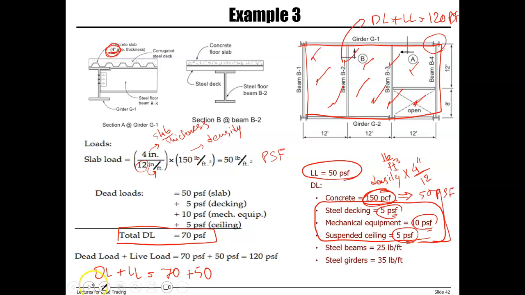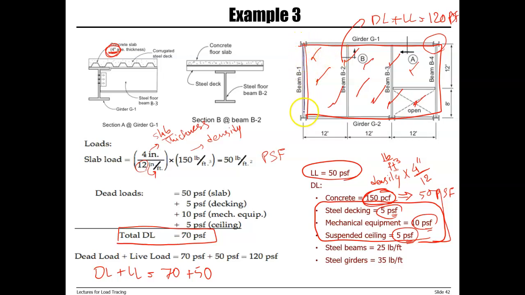So we have the area load and it's supported. If we look at the load path, it's from the area to the beam. So we have from the flooring system to the beam to the girder.